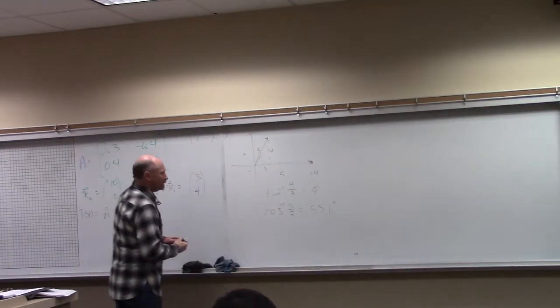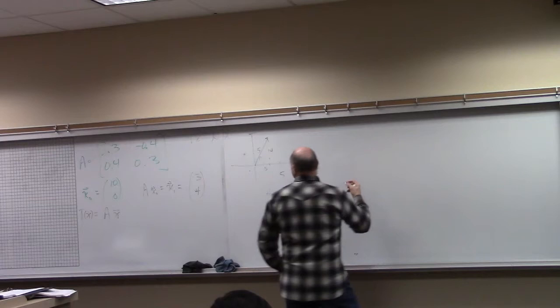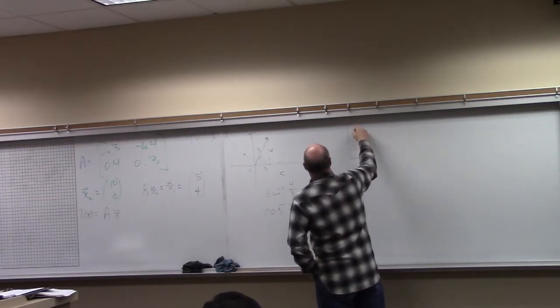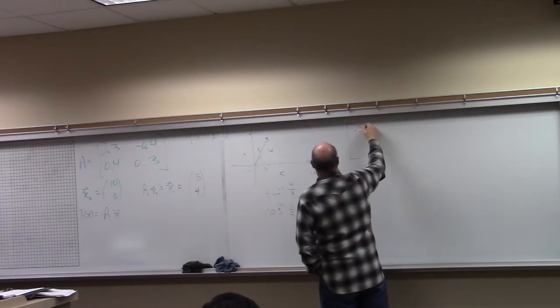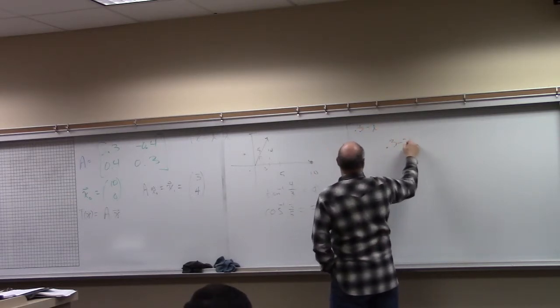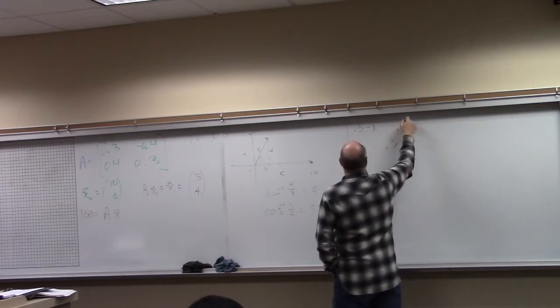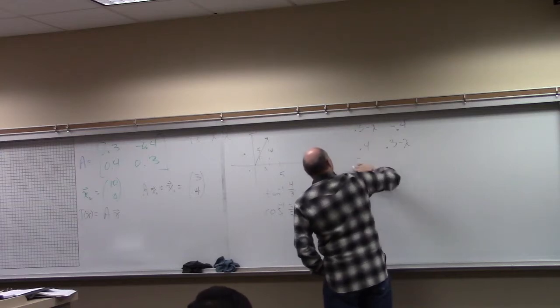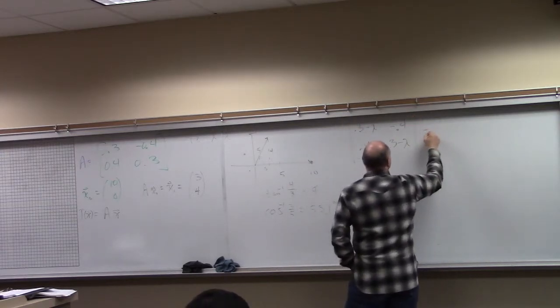So, how do you find the eigenvalues? We go 0.3 minus lambda, and 0.3 minus lambda. We get -0.4, and we get 0.4. We take the determinant of that and set it equal to 0.